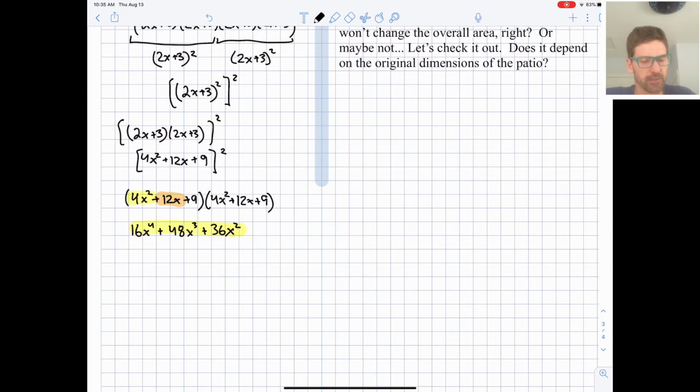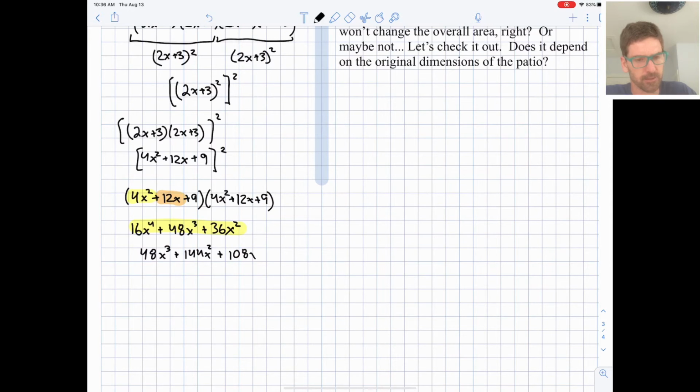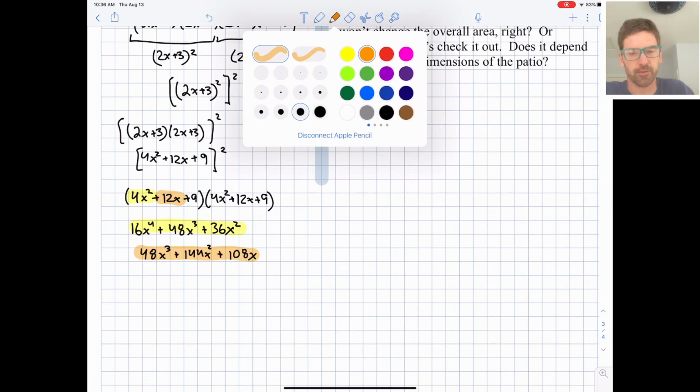I'm just going to do it on a different line so I save some space. 12x times 4x squared is 48x cubed, plus 144x squared, plus 9 times 12, which is 108, so plus 108x. That's the result of multiplying that orange one all the way through.